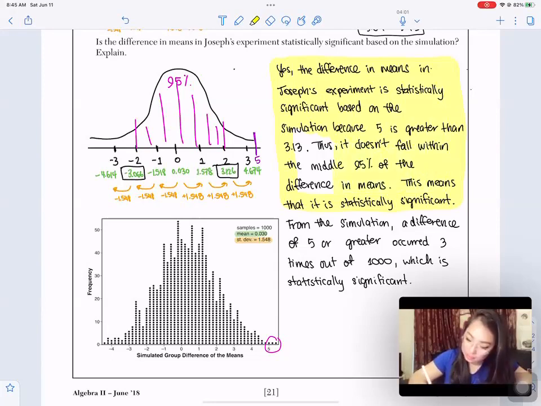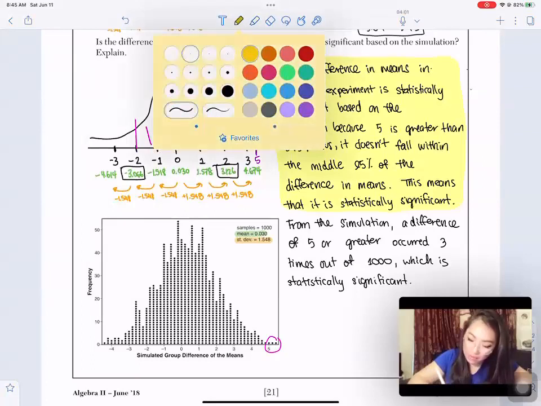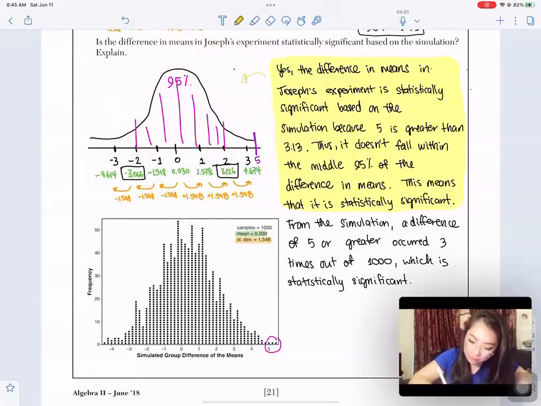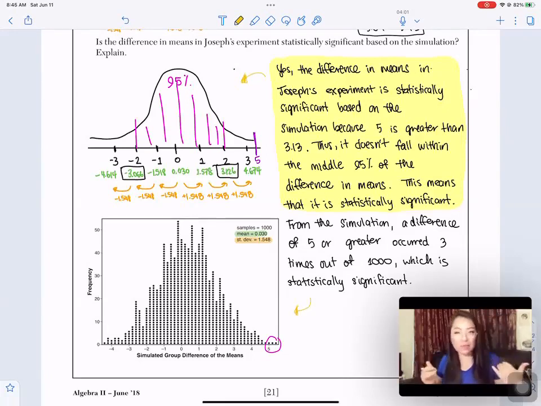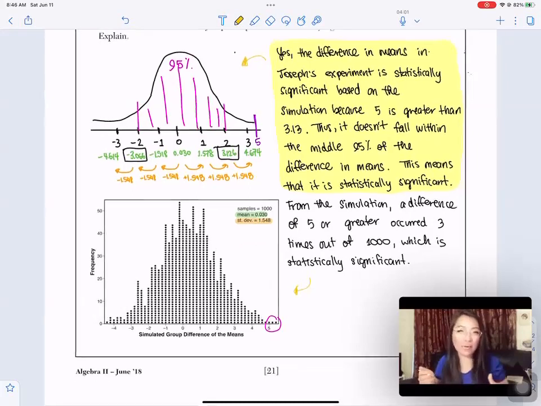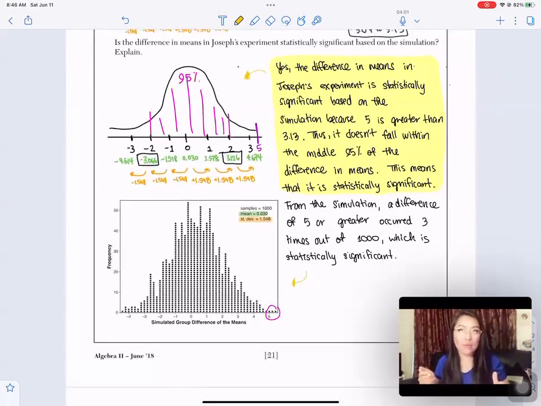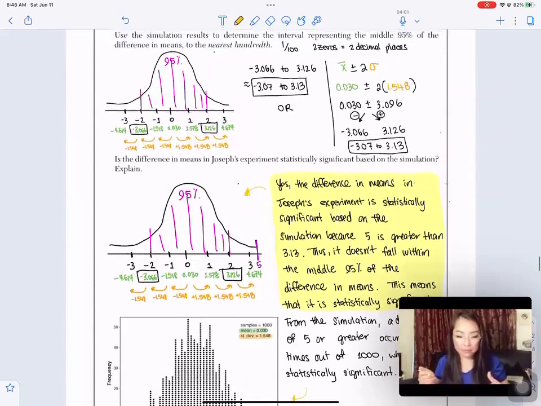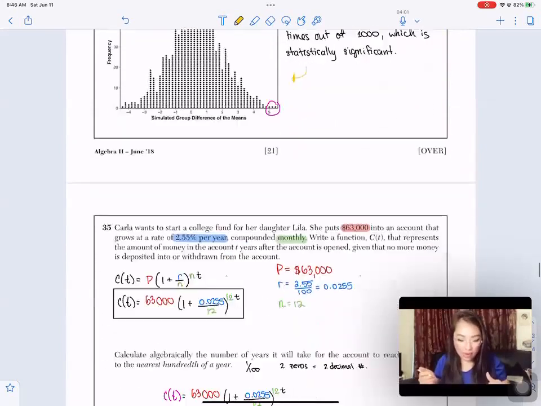But this entire part is the evidence that came from your diagram from here, and then this one came from here. So whichever evidence you want to use, that's fine. You can also say from the simulation, a difference of 5 or greater occurred 3 times out of 1,000, which is statistically significant. In other words, they're trying to say it's not an impossible probability.